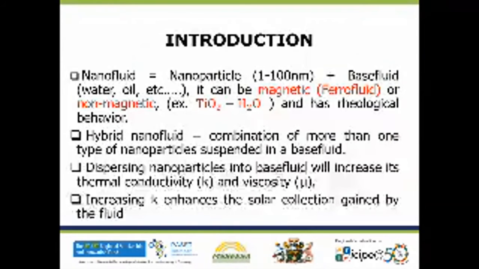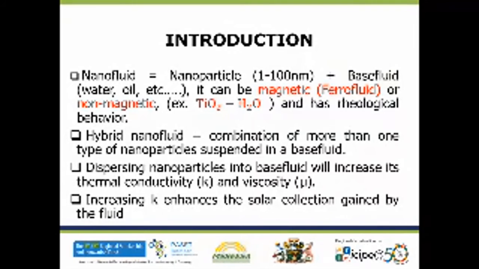An introduction. What is nanofluid? Nanofluid is nanoparticles of 1 to 100 nanometers injected inside a base fluid. This base fluid can be water, oil, and so on, magnetic or non-magnetic.